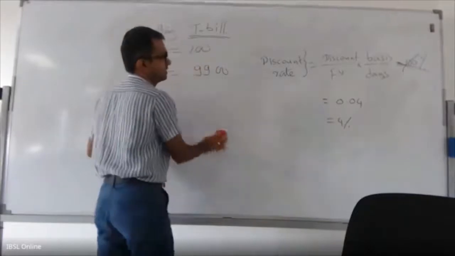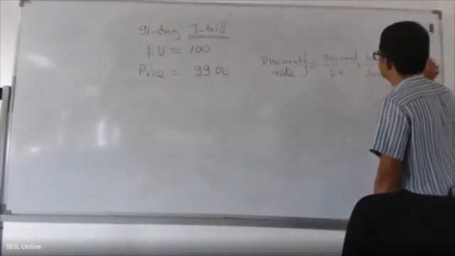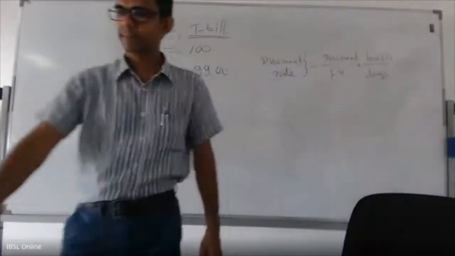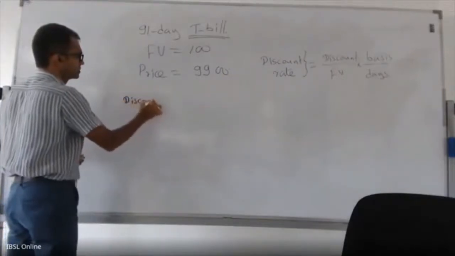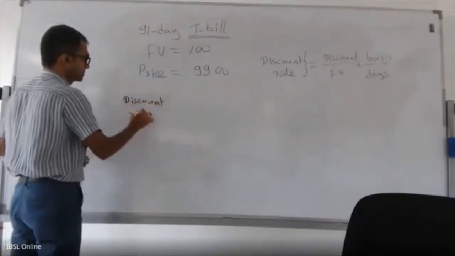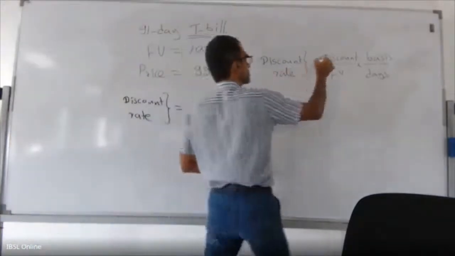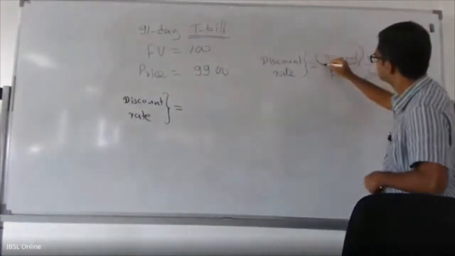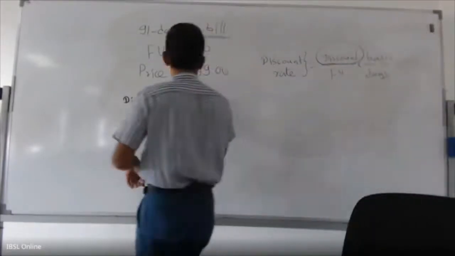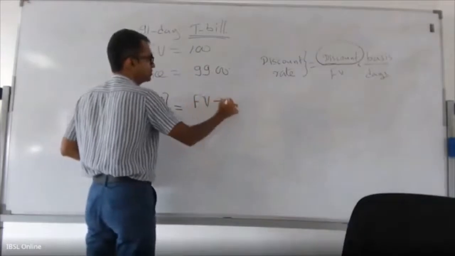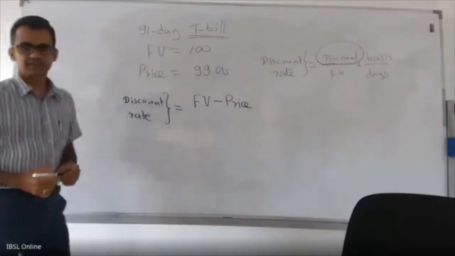Then we can modify this equation slightly. Discount rate, this discount, we can write this discount as face value minus price. Correct?